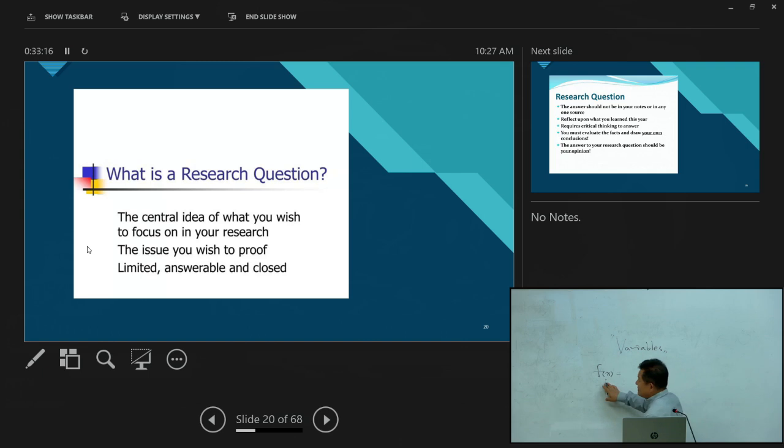And how can we express or explain these things? Okay, a x1 plus b x2 plus up to n x n plus epsilon t, something like that. It means in the world, every phenomenon, every status, everything we can explain in this type.